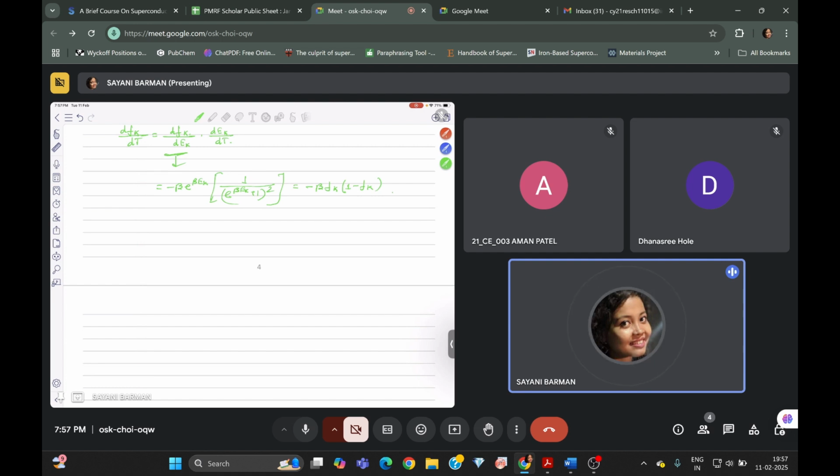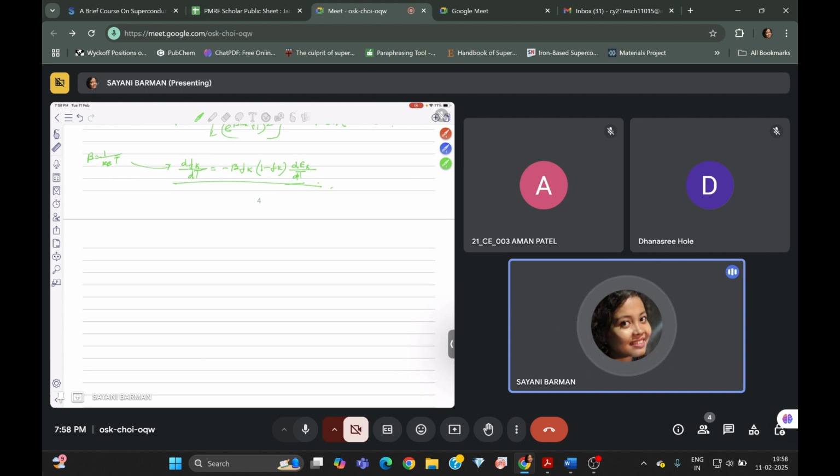Beta is basically 1 by kBT, beta is equal to 1 by kBT. Then we'll get dFk by dT as minus beta Fk (1 minus Fk) dEk by dT, taking from this equation.